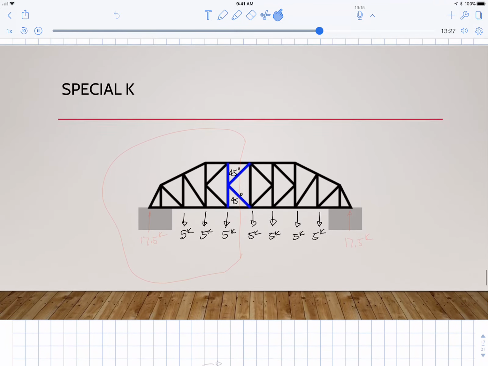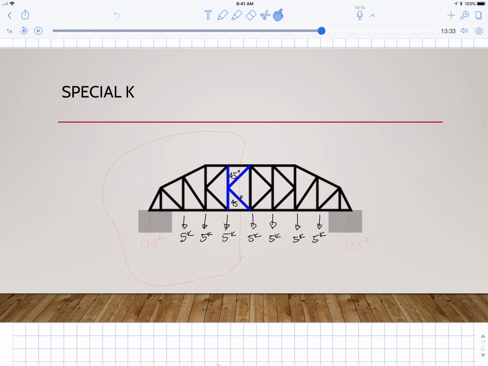Here's our K truss again, all loaded up, and I'm telling you that the angle of the knee is 45 degrees from the verticals. And I want you to find the force in the inclined members of that K. Here's our slice, and even though it cuts through 4 members, it only cuts through 3 unknowns, because remember the force in the 2 angled legs of the K are equal, so that's only 1 unknown.